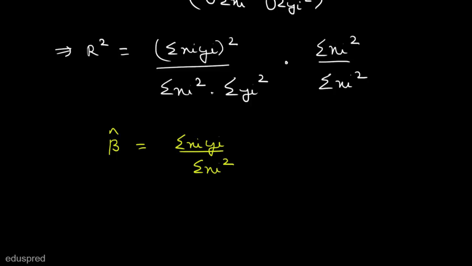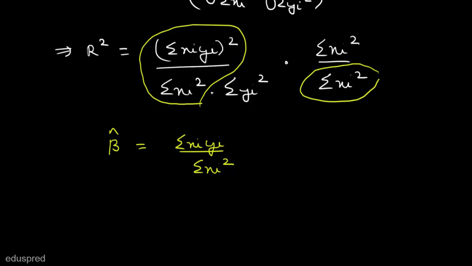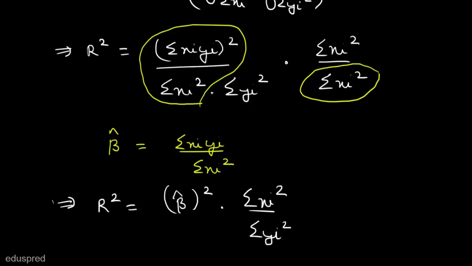So this is the formula to calculate beta hat. Now if we combine these two, then it's nothing but beta hat whole square. So that means we can write r square is equal to beta hat whole square multiplied by summation xi square divided by summation yi square.